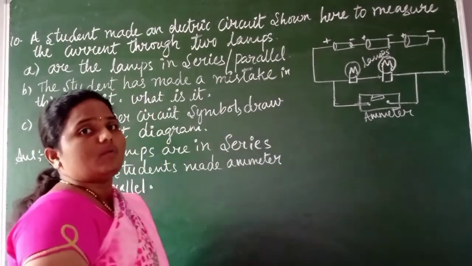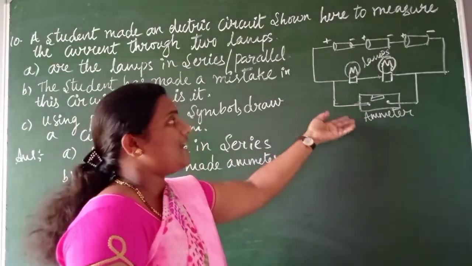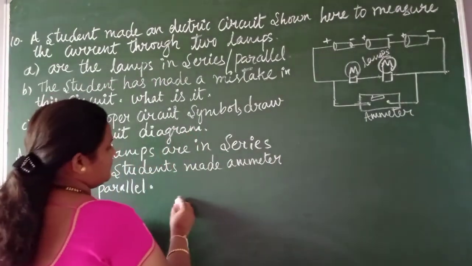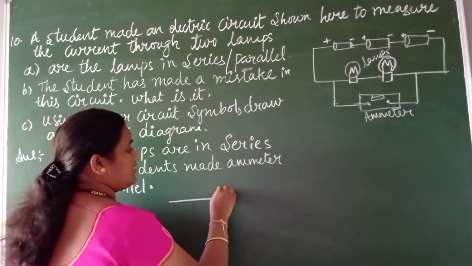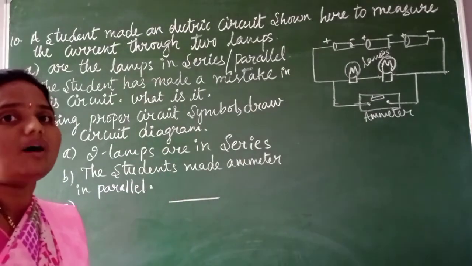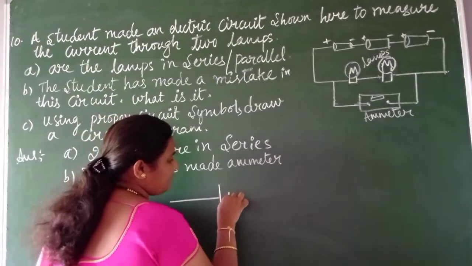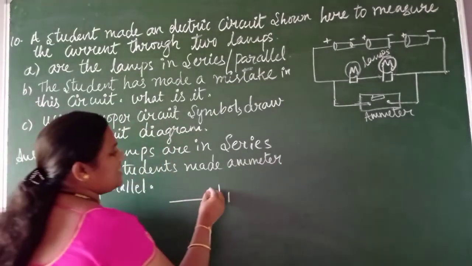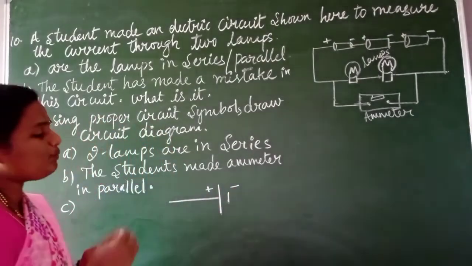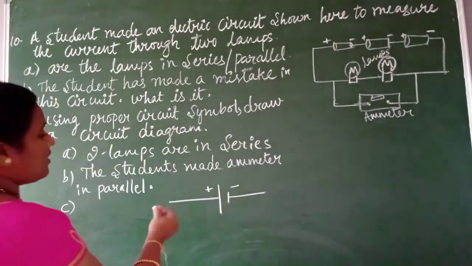Do you remember, children, what symbols we have to use for a battery, a lamp, a bulb and an ammeter? So shall we draw now? The correct circuit symbol is, first, 1, 2, 3, meaning 3 cells. Instead of using 3 cells, we can draw a battery there. What is the symbol of a battery? One long line and one small line. The long line indicates the positive terminal, the small line indicates the negative terminal. Got it, children? Okay, now how are they connected?